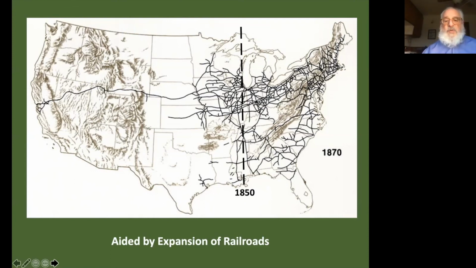But at least the westward extent, to make the point, was only up to Lake Michigan in 1850. I mean, even just one rail line, and you can see in 20 years, by 1870, there were a lot of railroads to all parts of the country, especially if you look north in the Midwest to Michigan, Wisconsin, and Minnesota.